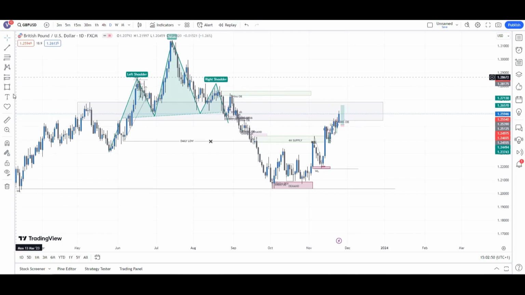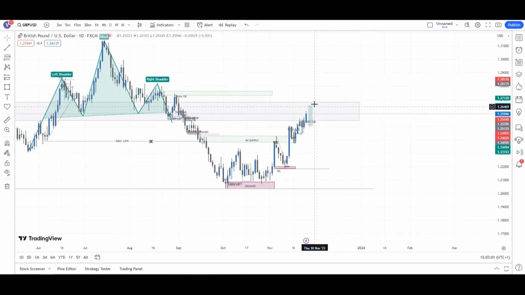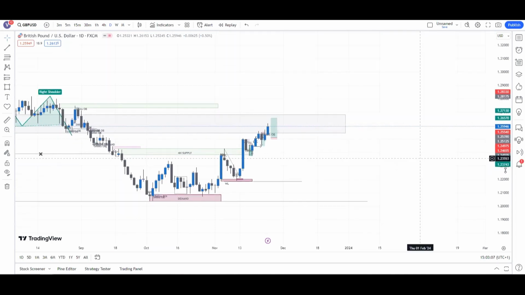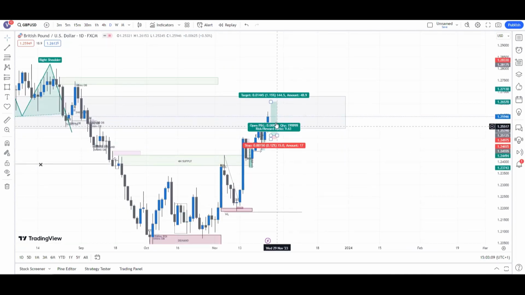I still want to see a little push up to around this region or this region for selling off. I'm expecting to see price go up to this point for a bit. Come next week, I want to see price open and close above around here.